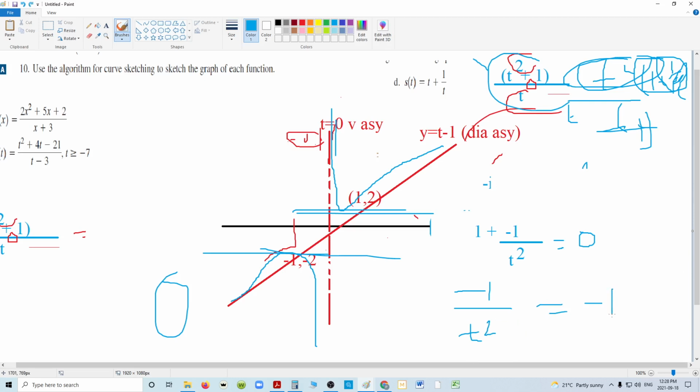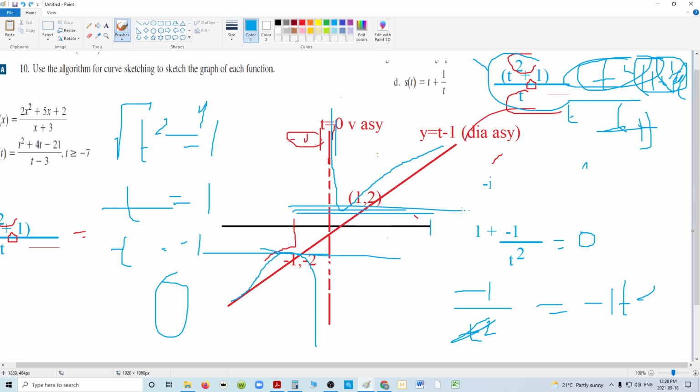So I get negative 1 t squared is equal to negative 1, dividing it by negative 1, so I get t squared is equal to 1. If I take square roots of both sides, I discover that at t equals 1 and at t equals negative 1, I get a max or a min.